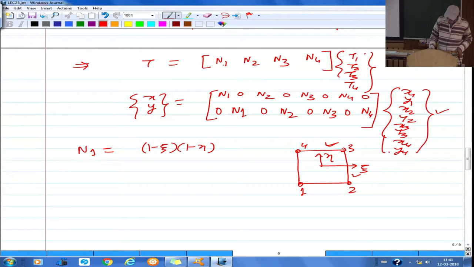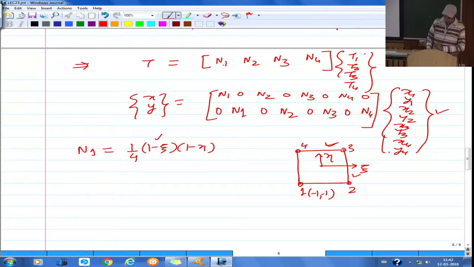Now for this node, because xi and eta are minus 1, if I put back these coordinates here, it becomes 2 into 2, 4. But I want to make it unity, so I divide it by 4. So N1 becomes 1 by 4 into 1 minus xi into 1 minus eta. You would find that this is going to be 0 at the other nodes. For node 2, if I put xi equal to plus 1, this term would be 0 and therefore this is 0 here.